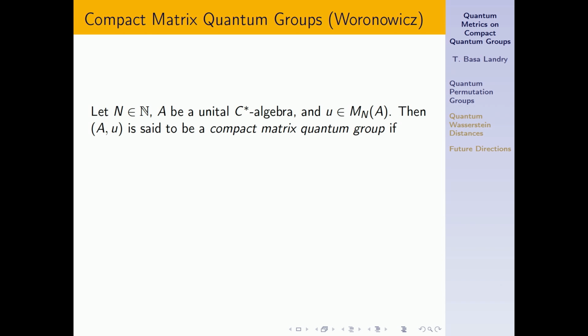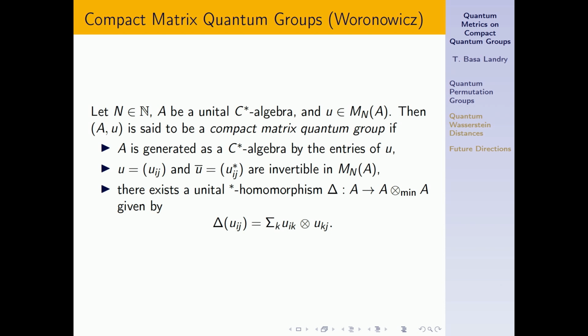So quantum permutation groups are more special examples of compact matrix quantum groups, and that notion is due to Woronowicz. And so I have my underlying unital C-star algebra. Here is the representative matrix of generating elements arranged so as to encode the relations. So these entries generate the underlying C-star algebra.